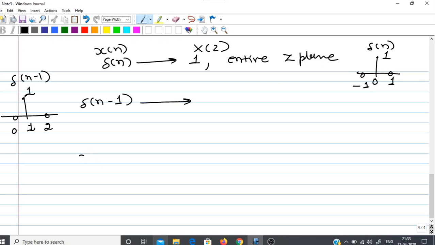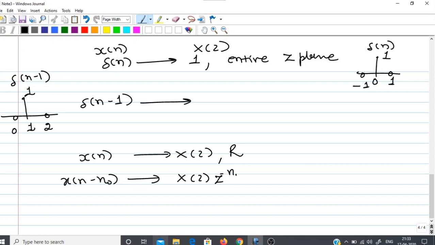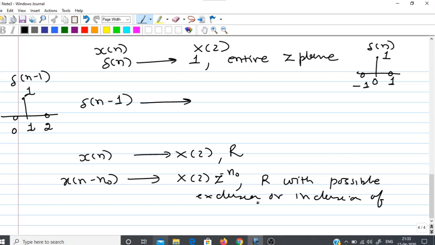So we just saw that if x n has Z transform x z with ROC R, then x n minus n naught has Z transform x z, z to the power minus n naught, and ROC would be R with possible exclusion or inclusion of z equals 0 or z tending to infinity. So let us see what happens for this sequence delta n minus 1.